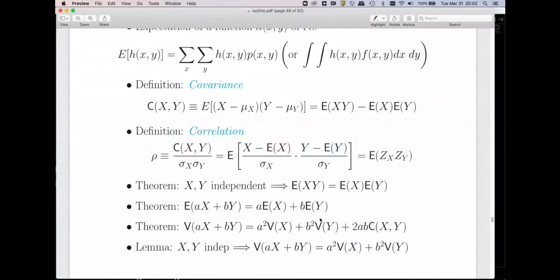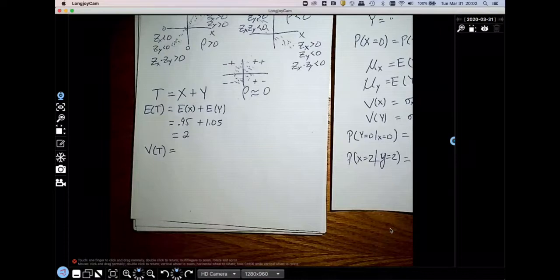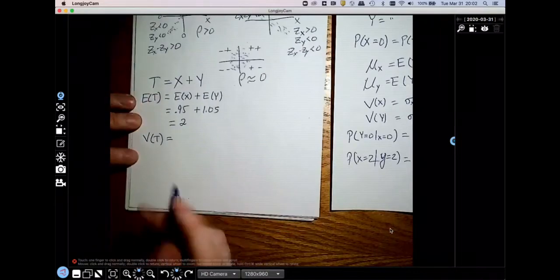Variances are a little trickier because whatever constant there is before the x, we can pull that out, that gets squared. Whatever constant there is in front of y, that gets squared, plus 2 times both the constants times the covariance.